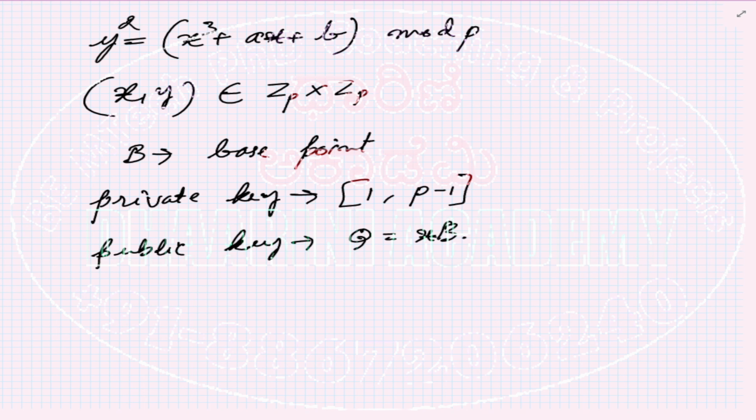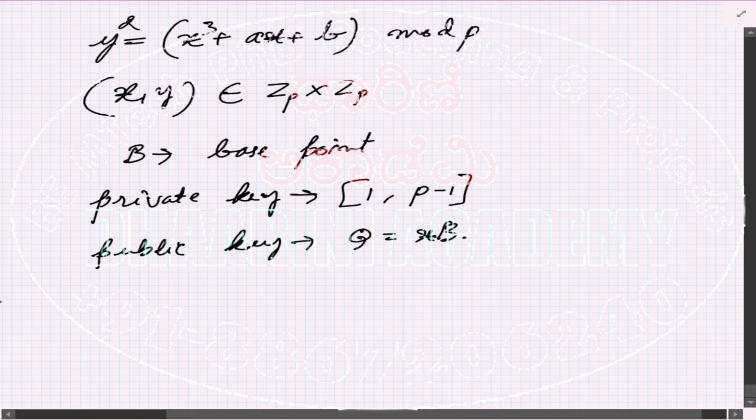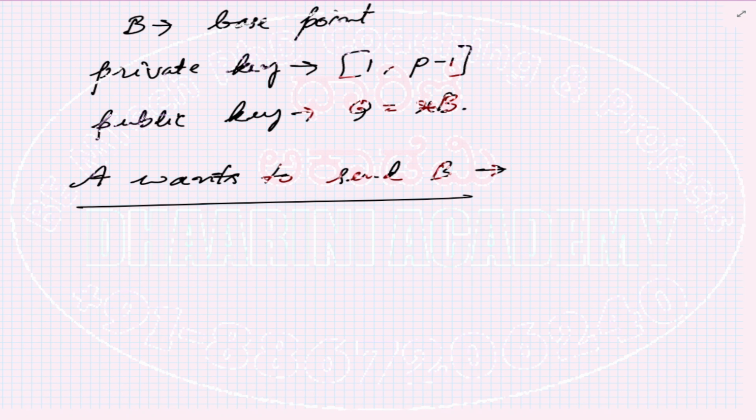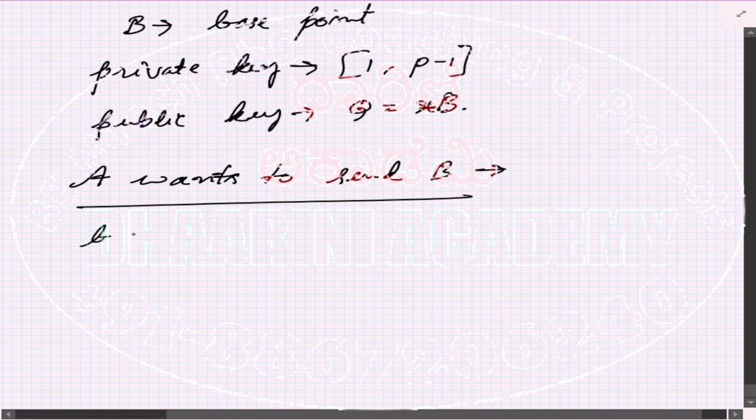Okay, now let's consider a specific scenario that A wants to send an encrypted message to B. Now what happens, both agree on the base point. So first you select a base point, B is selected.